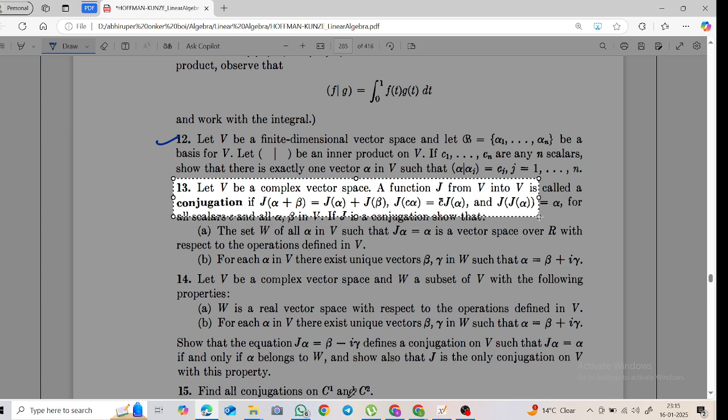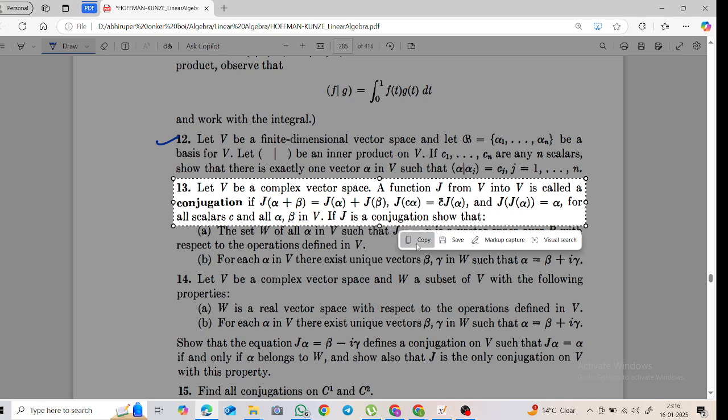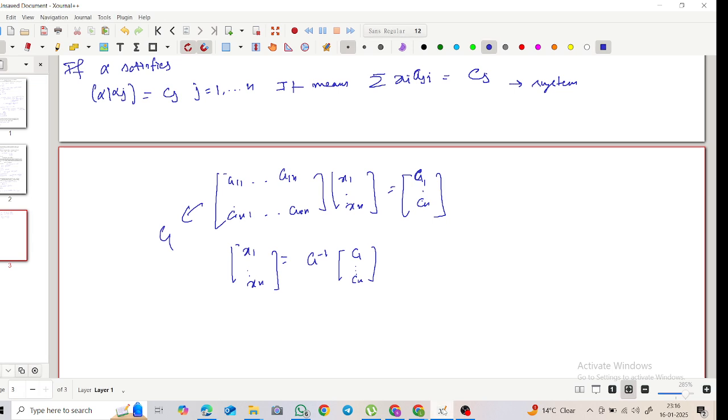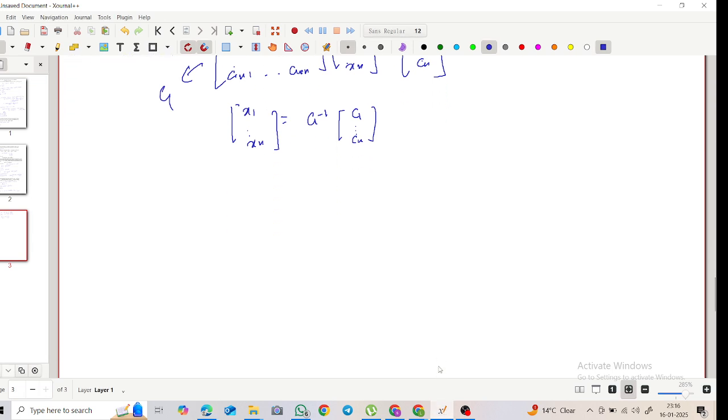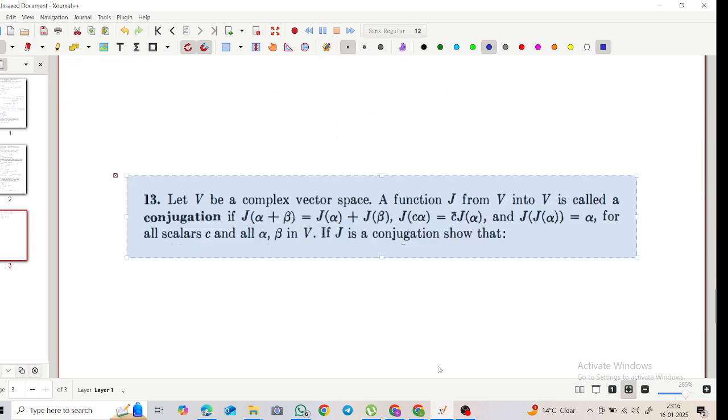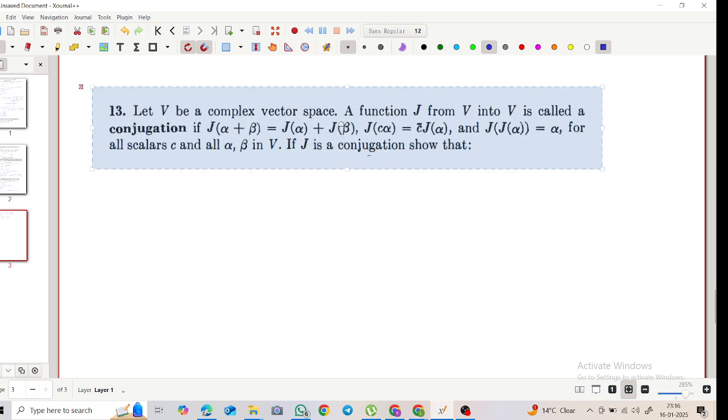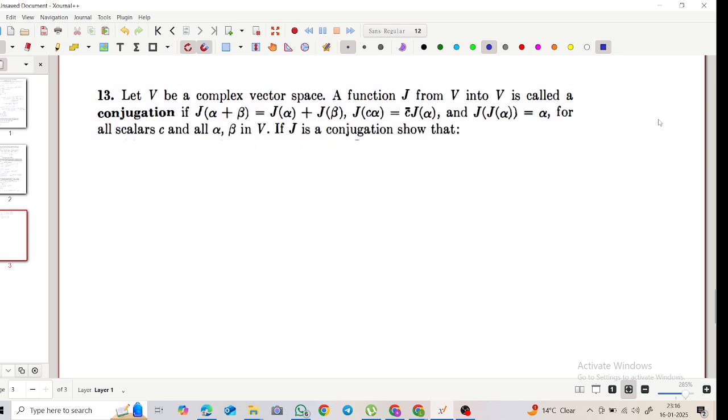Like c going to c bar. You see, they are giving a generalized definition of a conjugation. Okay, it is a generalized definition. Just look at the definition.